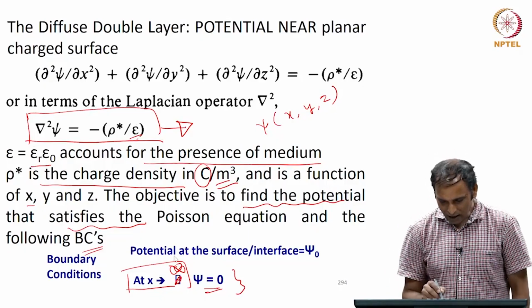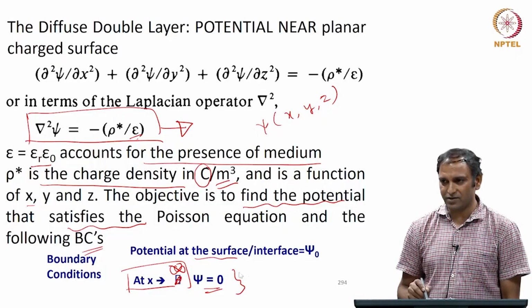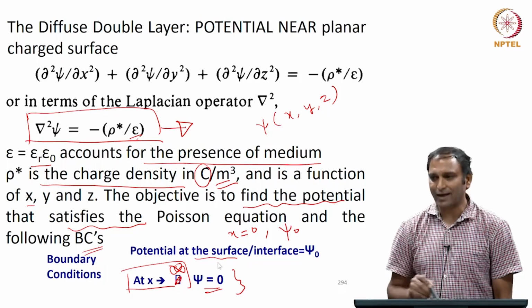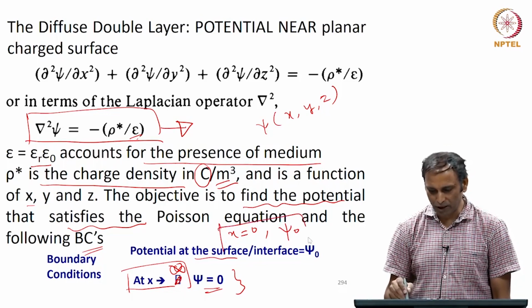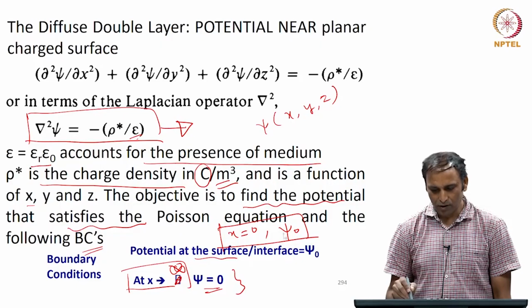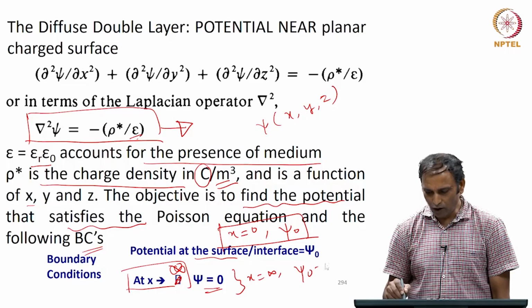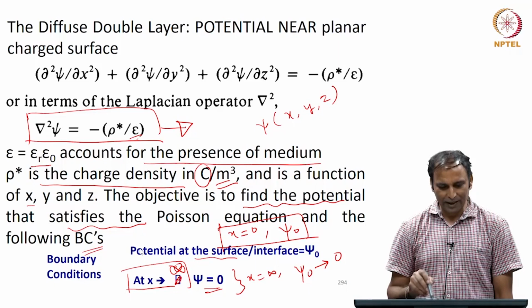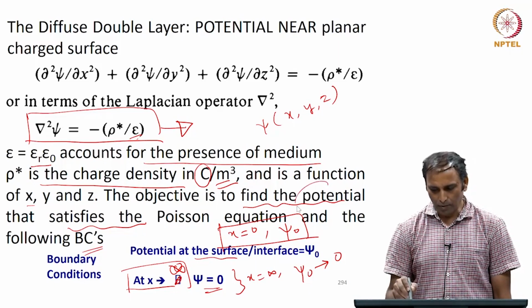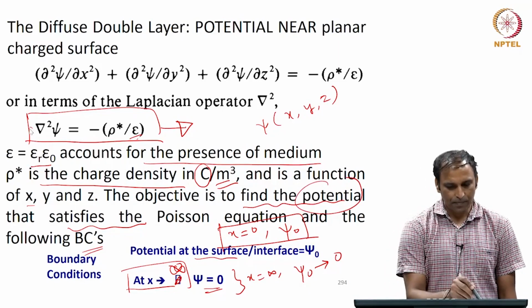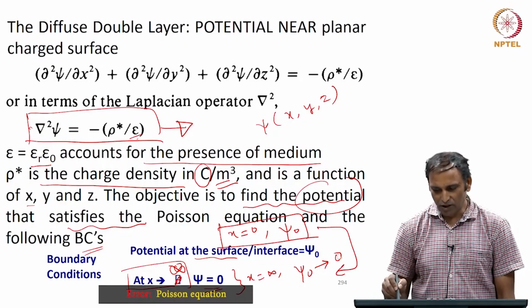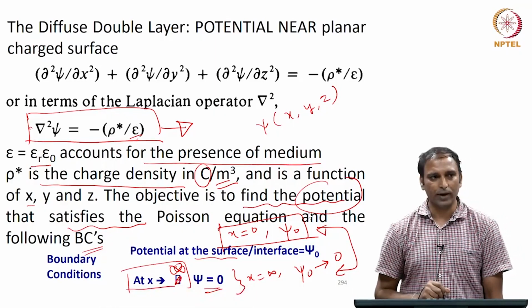And at the interface, that is when x is equal to 0, the potential is going to be psi naught. These are the two boundary conditions that we are going to use. So we would like to obtain an expression for the potential that satisfies the Laplace equation with these two boundary conditions. Is that okay?